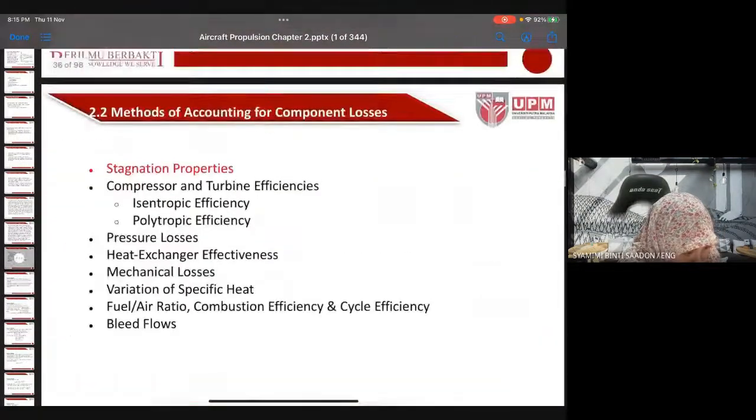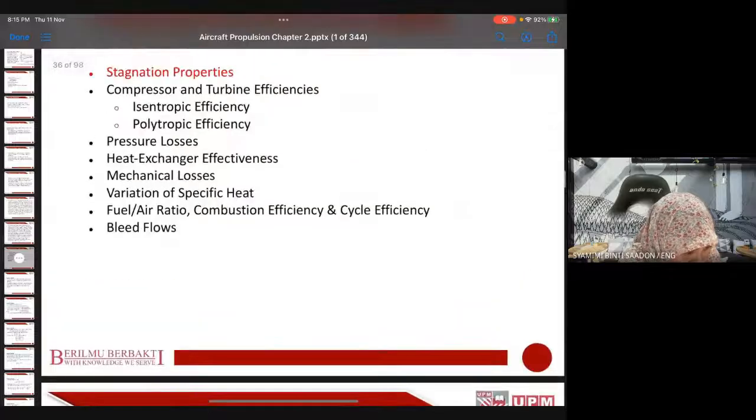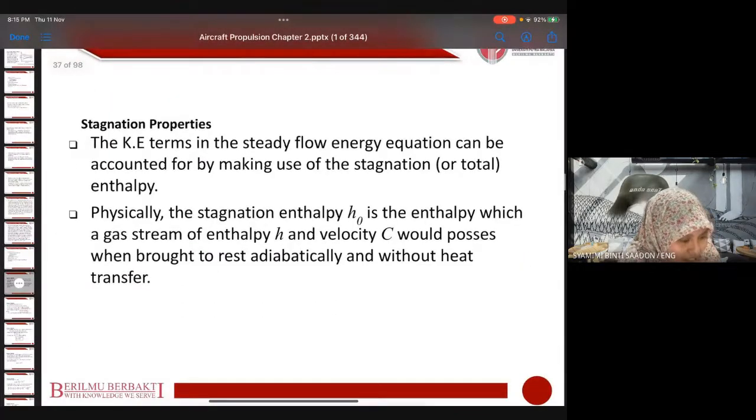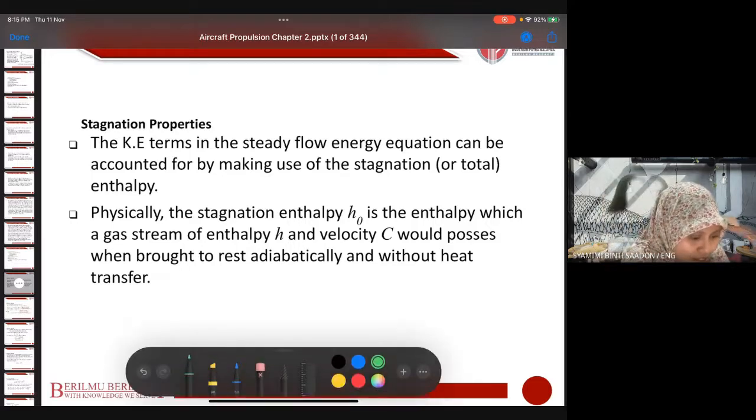So we look at these stagnation properties. I think I skipped that one earlier. Okay, stagnation properties: kinetic energy terms in the steady flow energy equation. We also use these stagnation properties, or sometimes we call them total properties, written as H0 here.